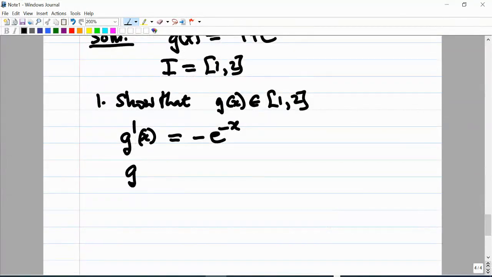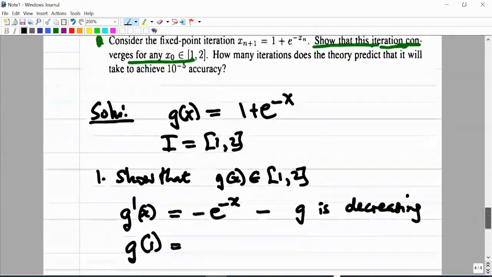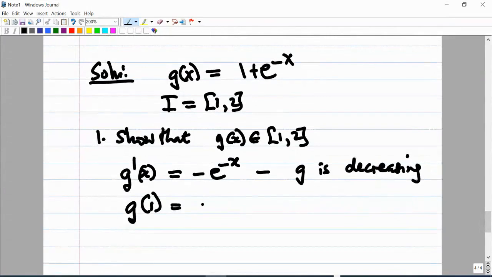So g is decreasing, so the range will be easy to find. If you take g of 1, this will be equal to 1 plus e to the power minus 1, which is just 1 plus 1 over e.